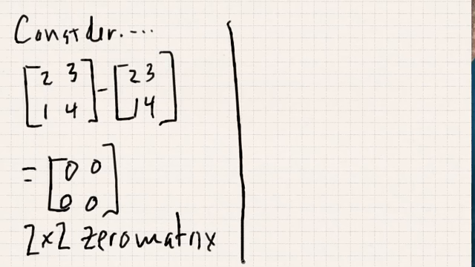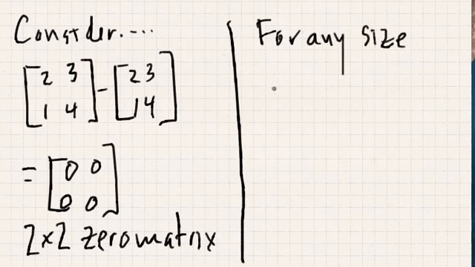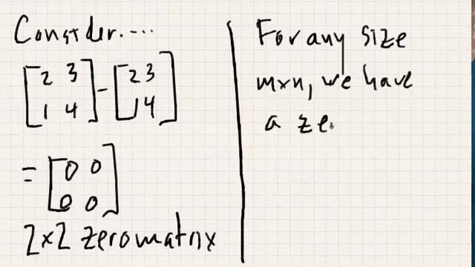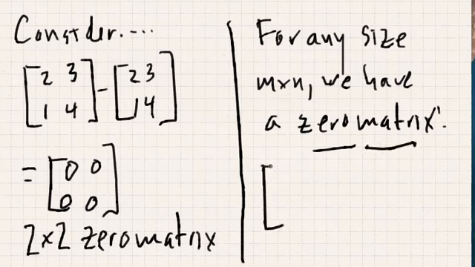Now, generally, for any size m by n, we have a 0 matrix. And all it is is the matrix which has nothing but zeros in it. So the 3 by 2 0 matrix looks like this.